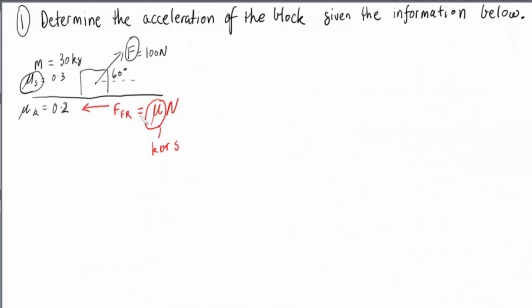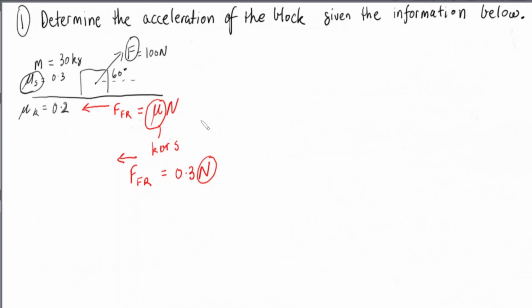If I plug this into the equation, I get F of Fr, which is acting towards the left, and I'll just draw that in real quick, is equal to mu s, which is 0.3, times the normal force. And this is where we have to find our first unknown, our normal force.